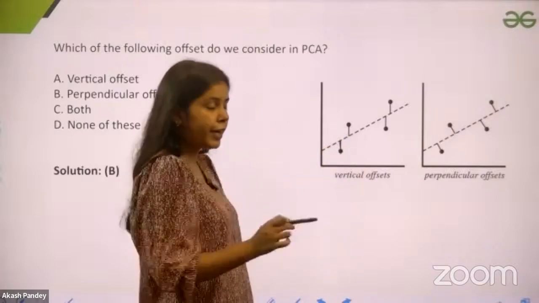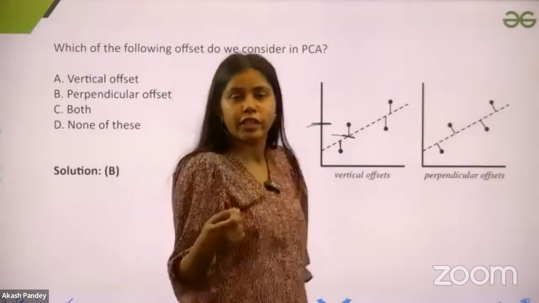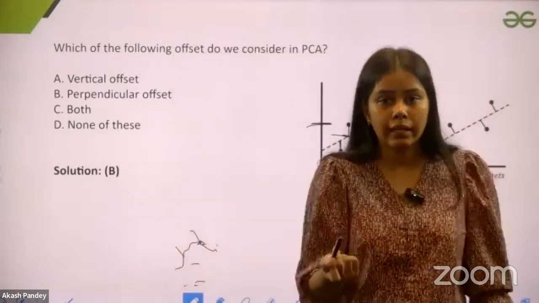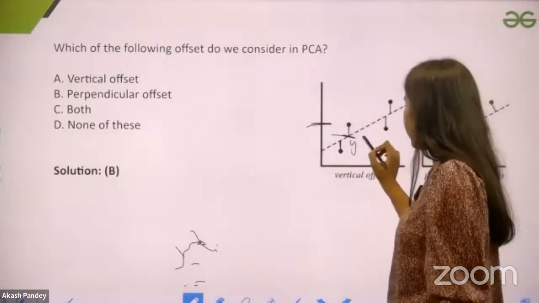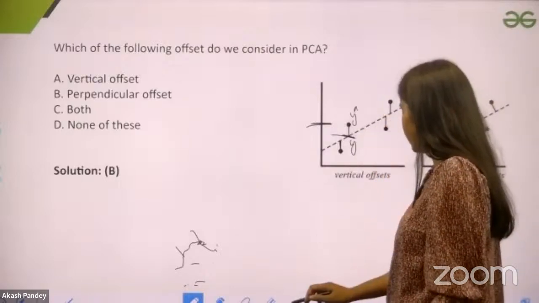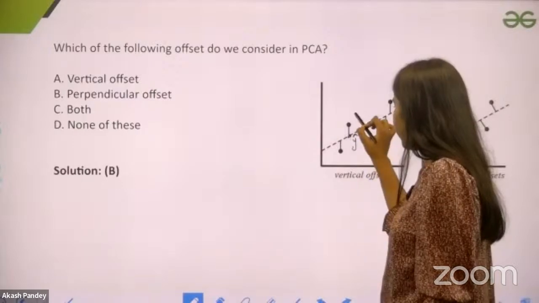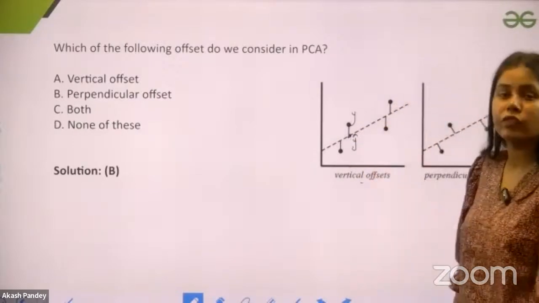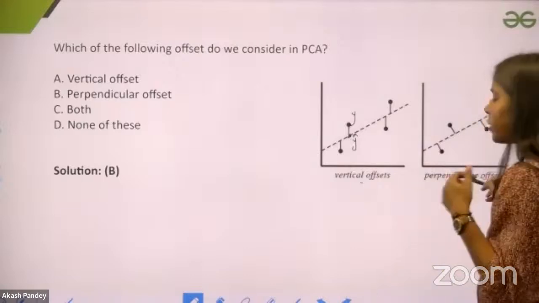You would find the distance between y and this y dash. This offset you have used in linear regression for the cost function, right? This is your exact y, and this is your predicted y cap. So this vertical offset you used in the cost function, the loss function of linear regression.